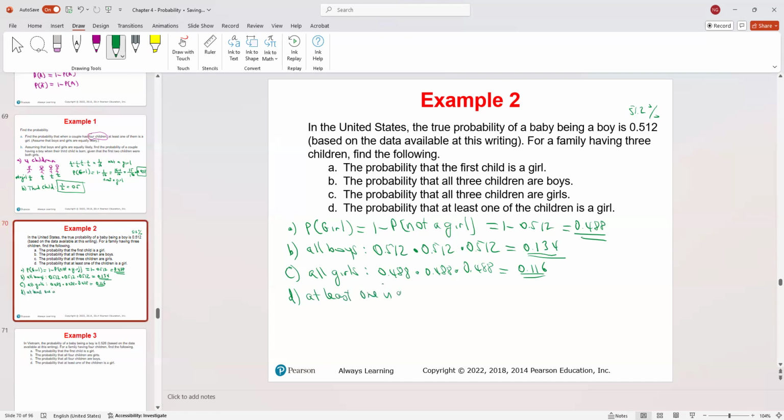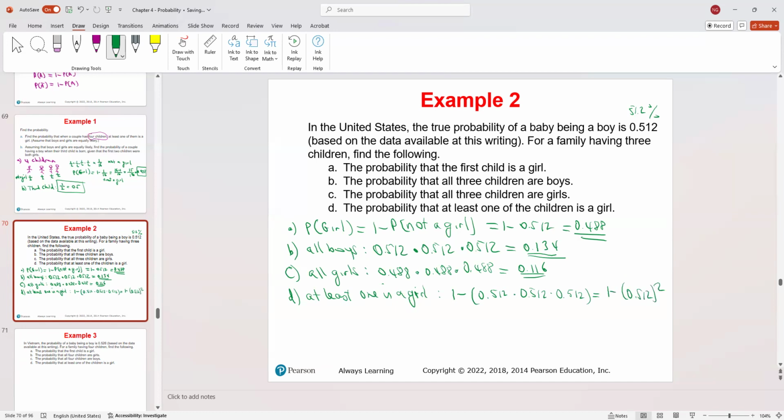All you need to do is subtract from one the probability that the first one is a boy times the probability the second one is a boy times the probability the third one is a boy. So the answer would be 1 minus 0.512.